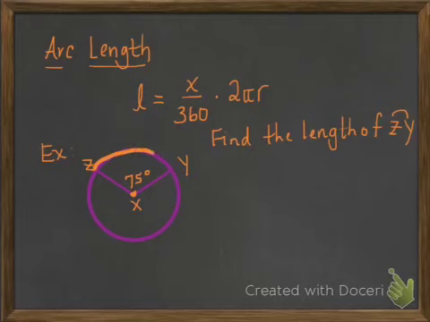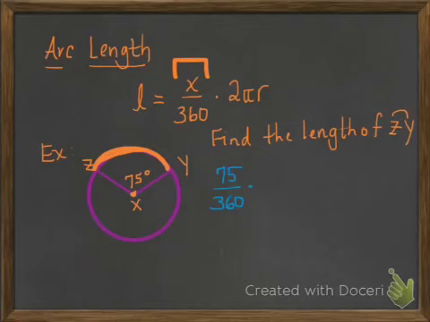So we want to know how long it is from here to here. So again, just like when we were doing area of a sector, we just want part of the circle. Right here is another way to find part. We did percentages on this pi problem just a minute ago. Now we're doing just a fraction of the circle. So we're going to create the fraction. The fraction in this case is 75 out of 360 degrees is the part of the circle that we want.